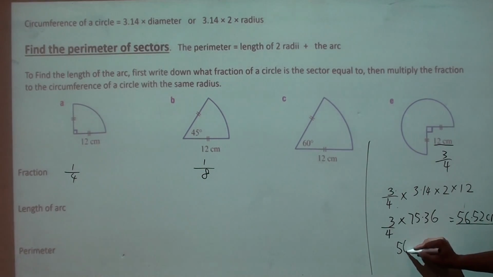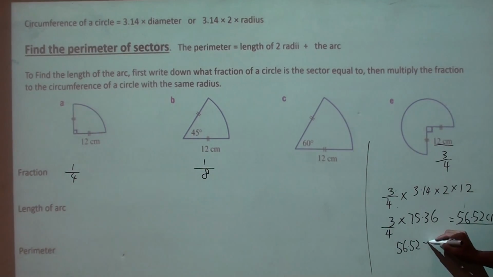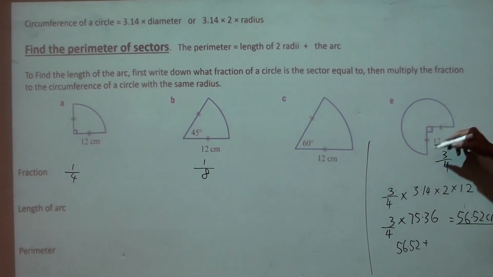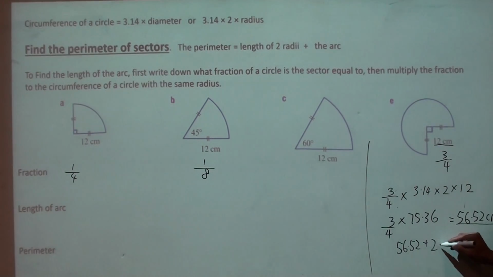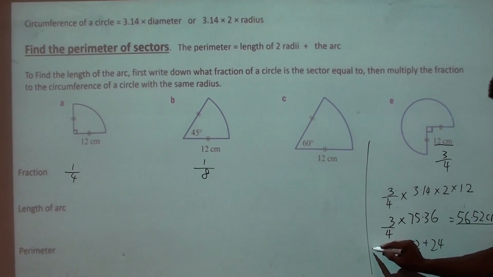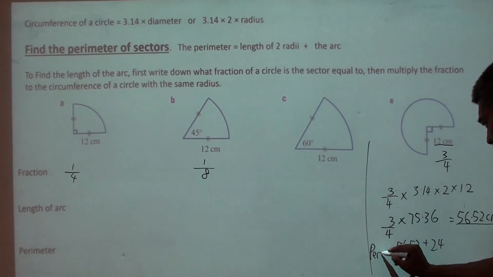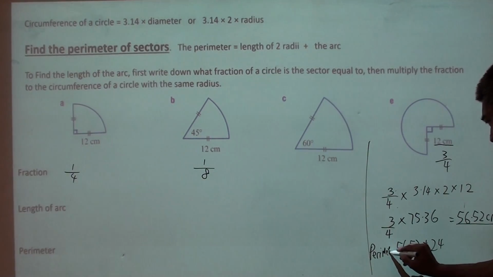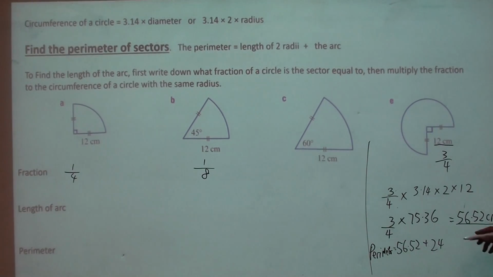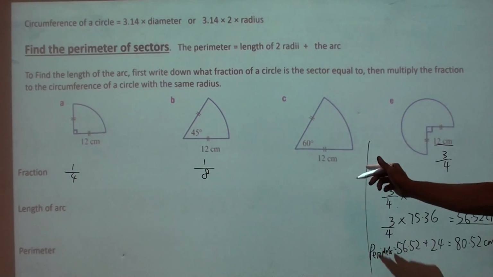So 56.52 plus 12 and 12, that gives me 24. So the perimeter equals 56.52 plus 24, that gives me 80.52 centimeters.